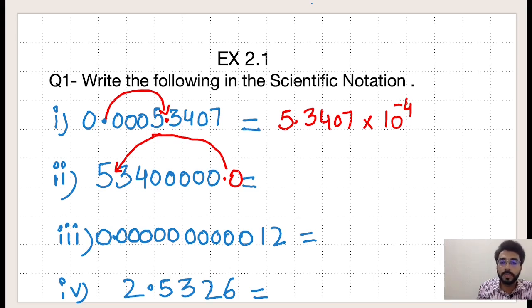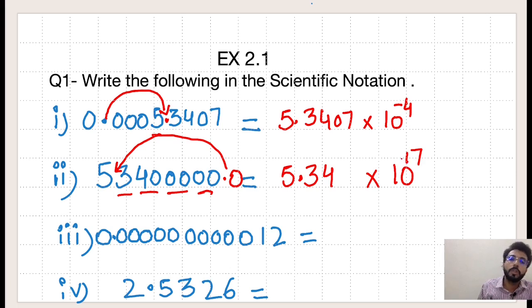So the answer will be 5.34 into 10 raised to the power. How many digits have we moved? Let's count: 2, 4, 6 and 7. It will become 7. Now the exponent will be positive. Why? Because we are moving from right to left. But in the first part we are moving from left to right, so the negative exponent is there.